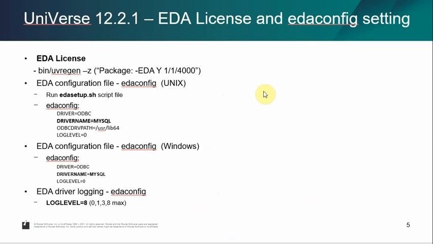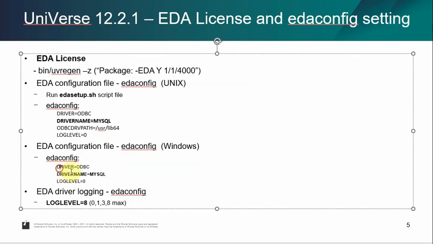After you get the license, the next step is to set up the EDA config file. On the Windows side, it is pretty simple. You just use any kind of editor to create a three-line file.